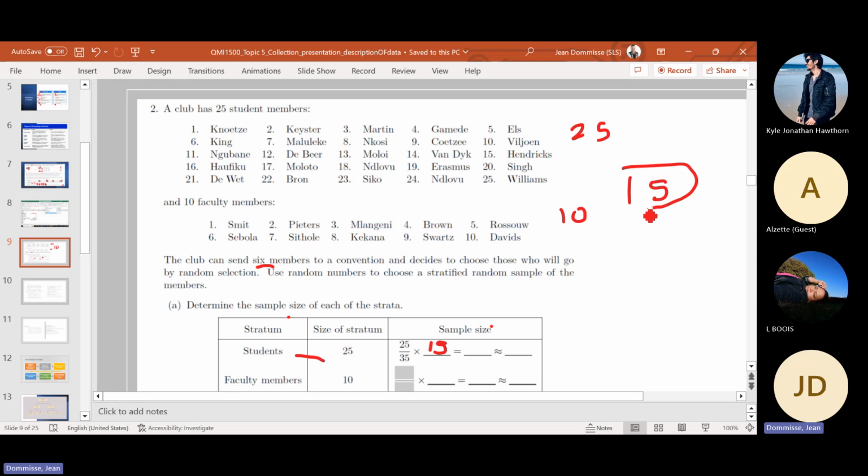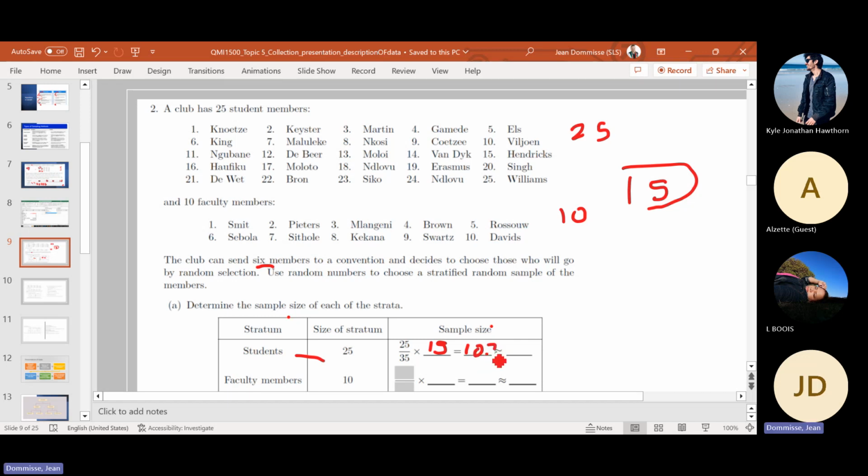We're doing it now for 15. So 25 divided by 35 times 15 gives us 10.7.